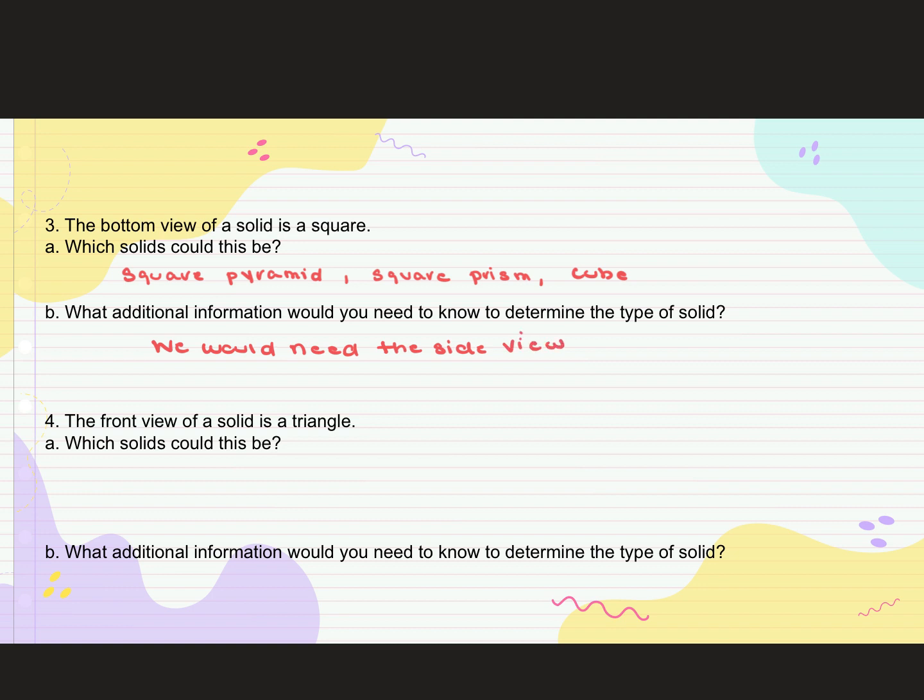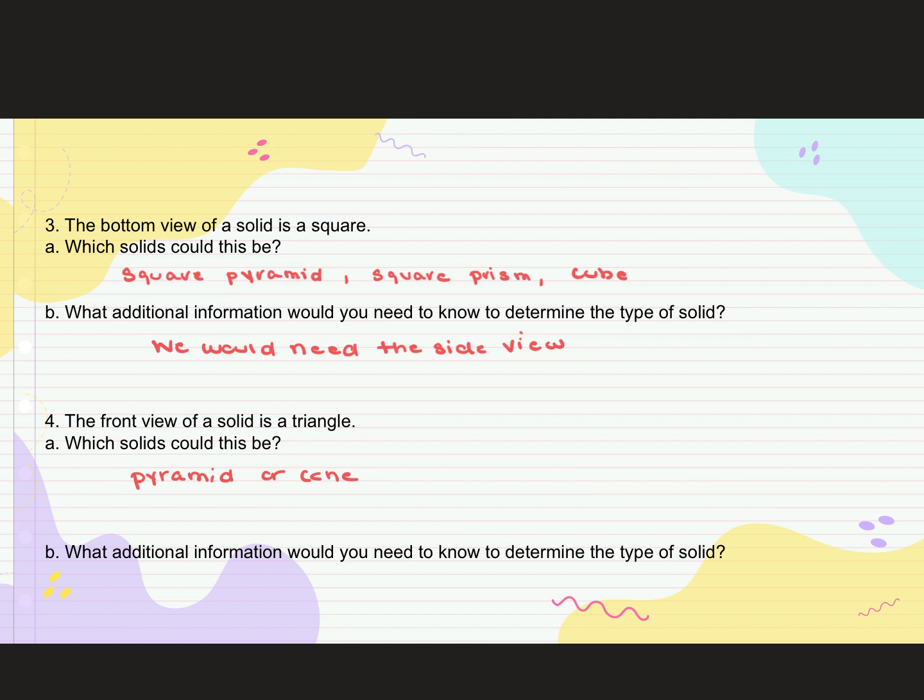All right, so now it's saying if the front view of a solid is a triangle, which of these solids could it be? All right, so we know that a pyramid and a cone have a front view of a triangle. So a pyramid or cone.